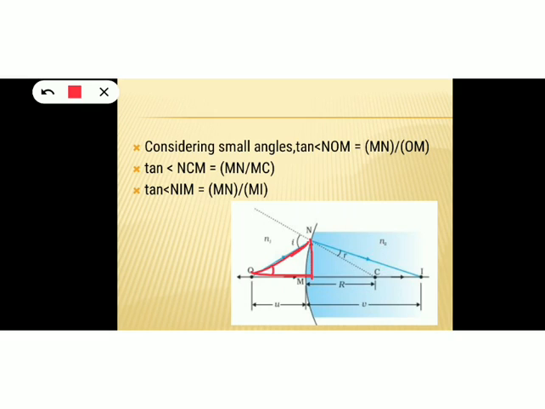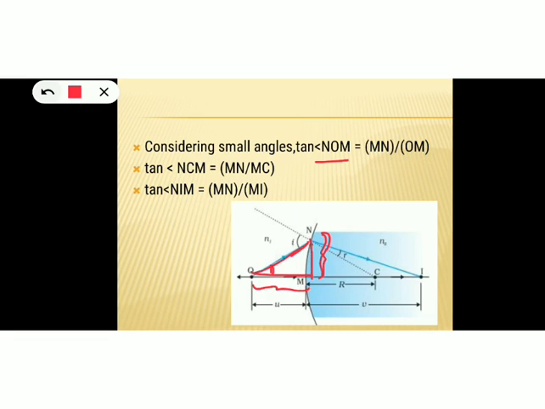Tan of that angle is opposite side by adjacent side. Opposite side is NM and adjacent side is OM. So the tan of angle NOM will be MN by OM. So that is written here, NM by OM.